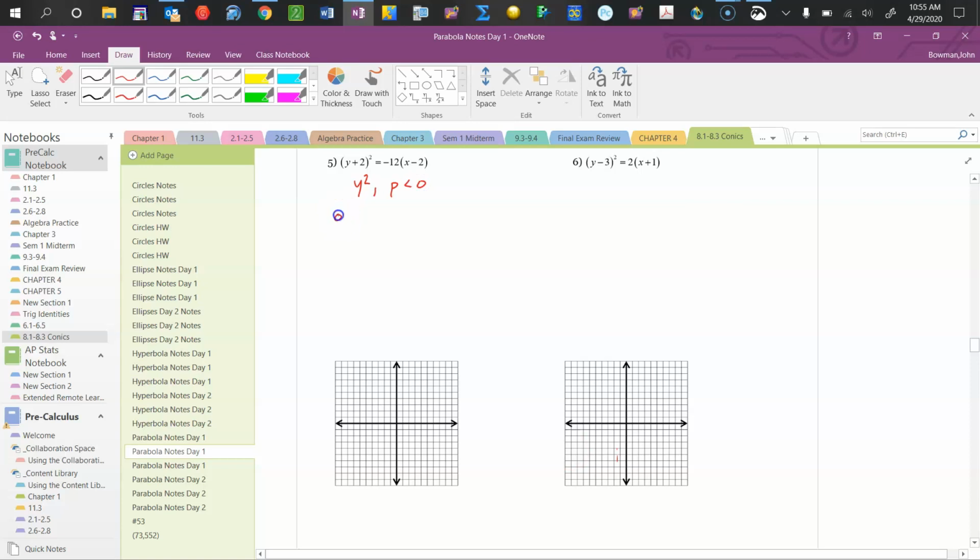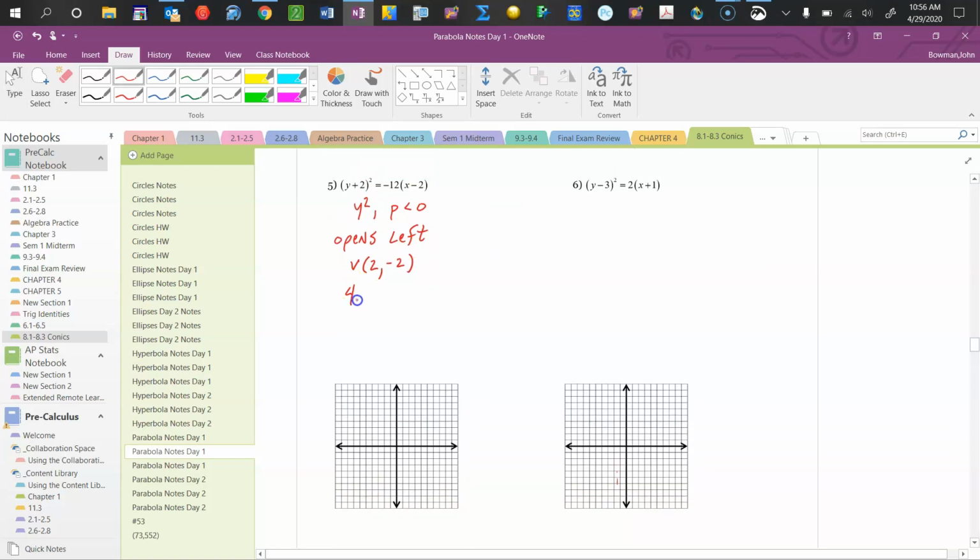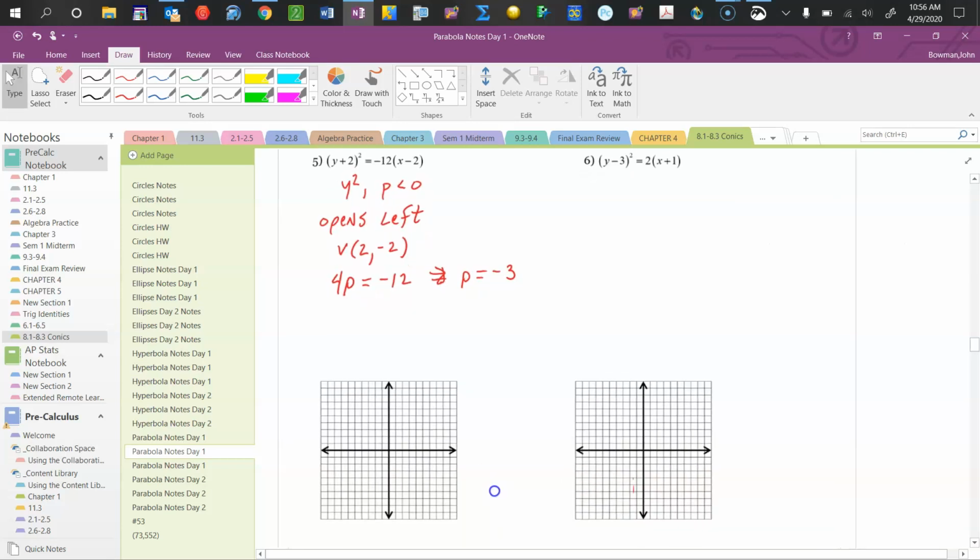So I notice that this opens in a negative direction. I also notice that the vertex has coordinates (2, -2), and the value of 4p is equal to -12, which means that p is equal to -3.